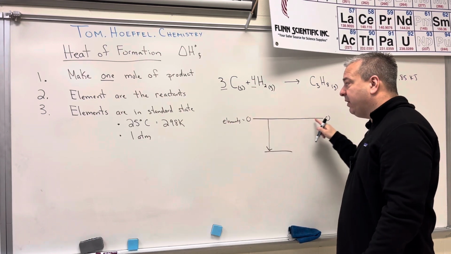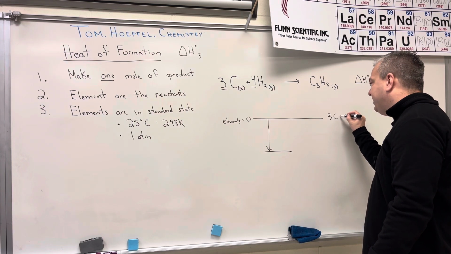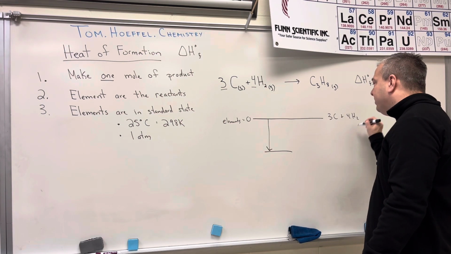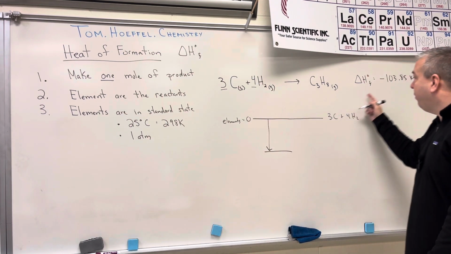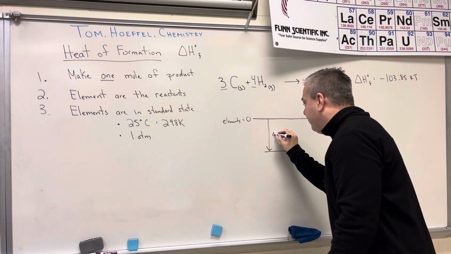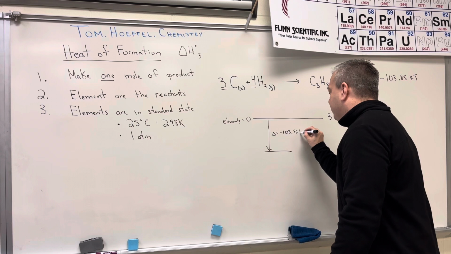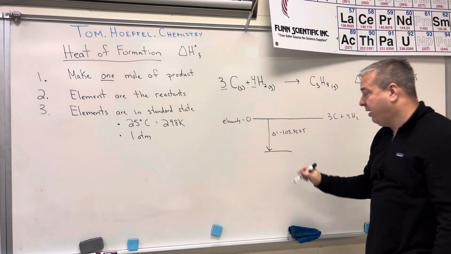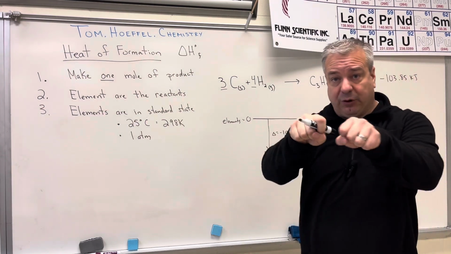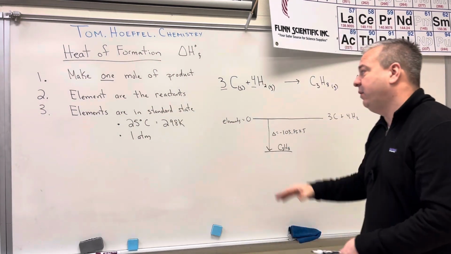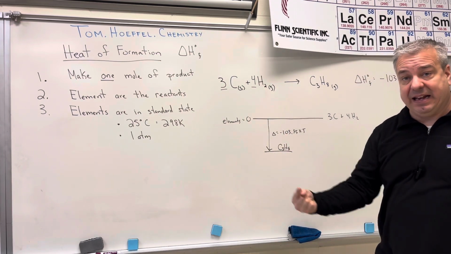If our elements of carbon and hydrogen, our 3C and our 4H2, are at a 0 level, then the enthalpy of the propane is going to go down negative 103.85 kilojoules for every mole of propane that we have. So remember, when bonds are formed, energy is released. From the elements to the compound, it is typically going to be a negative number.